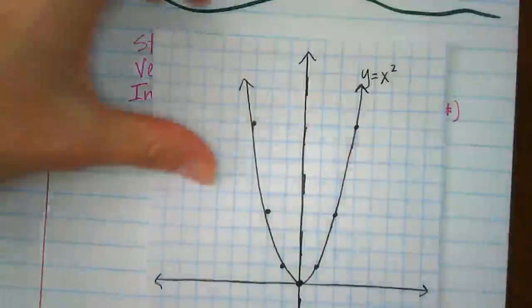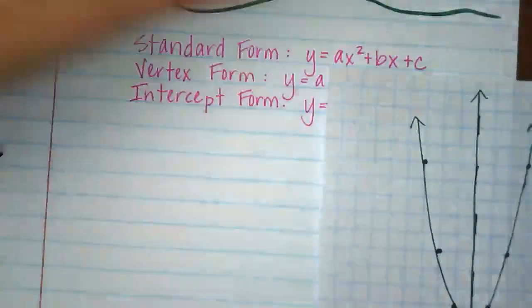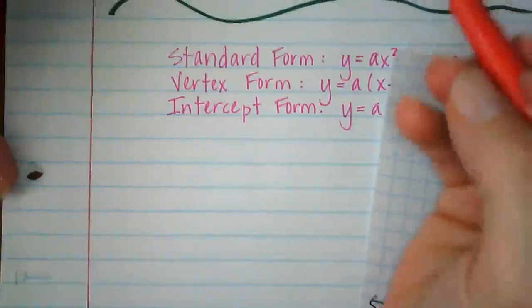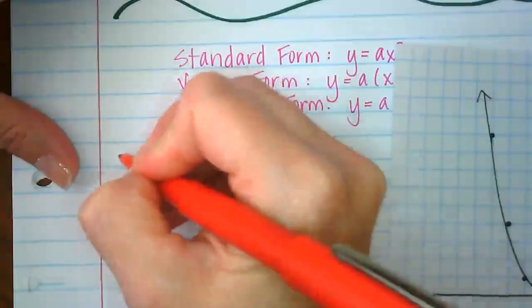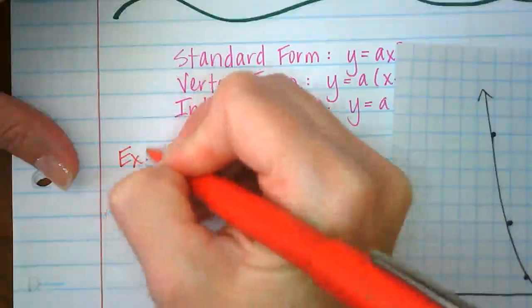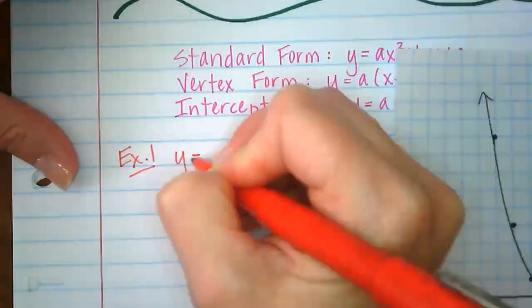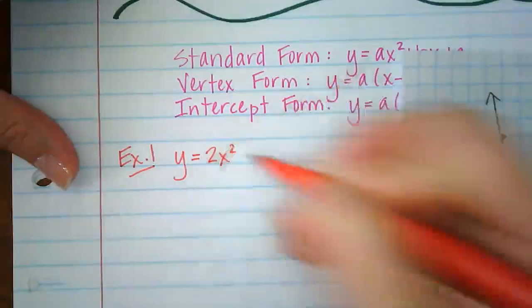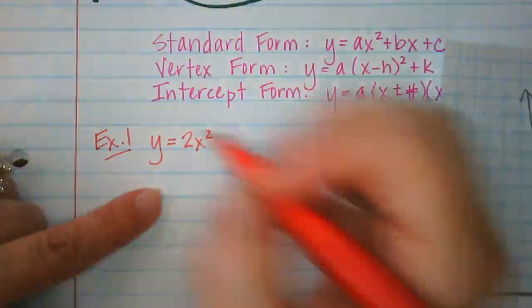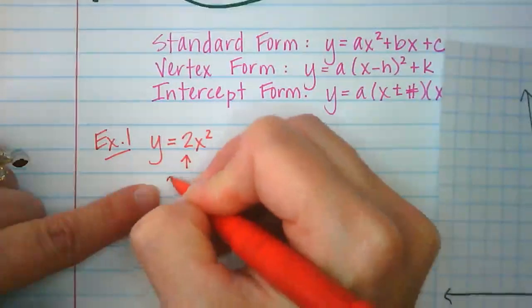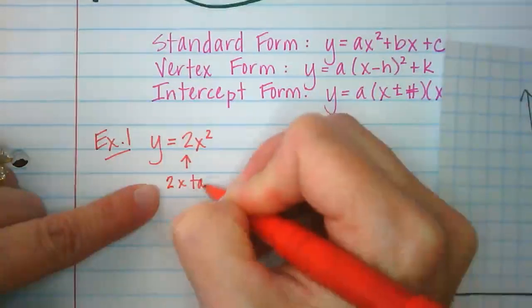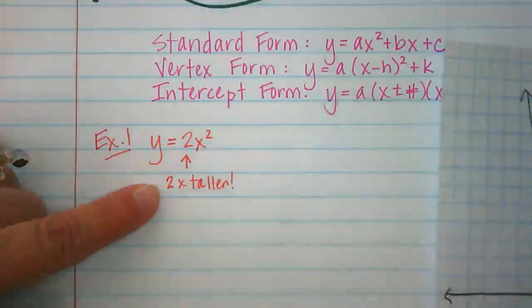So let's start off with y equals 2x squared. We can call this example 1. So let's say we have y equals 2x squared. Since a is 2, this is going to make our parabola 2 times taller.